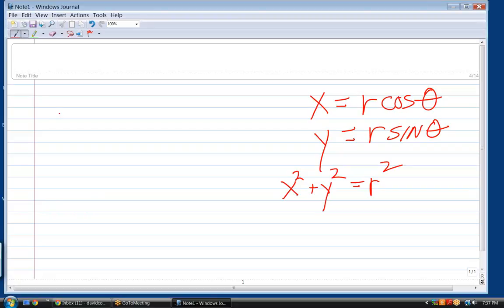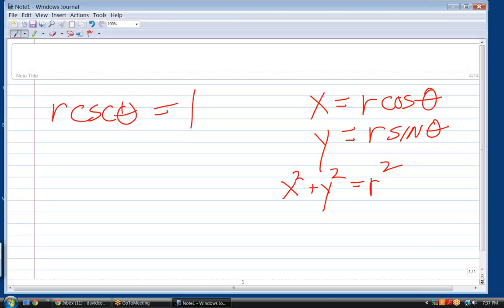Next. Next one. Some of them require a little bit more than just that, but we'll address that when we get to it. r cosine theta equals 1.